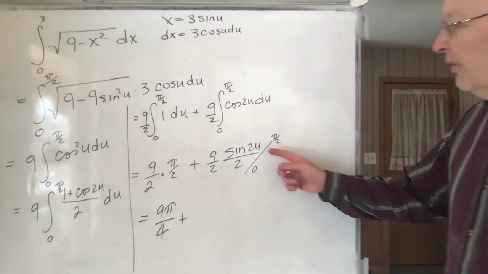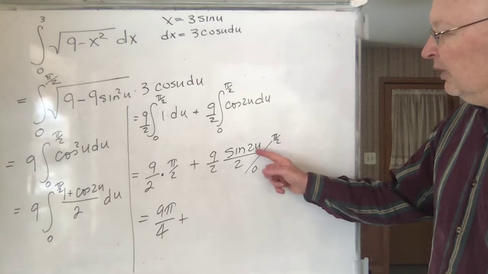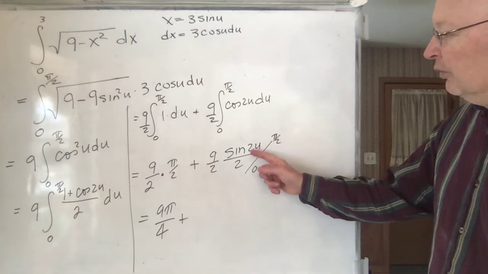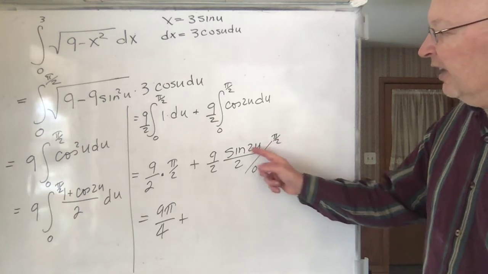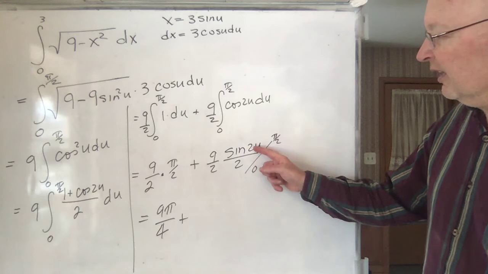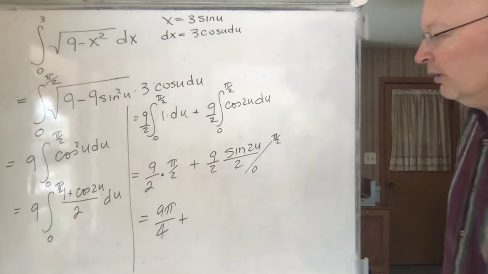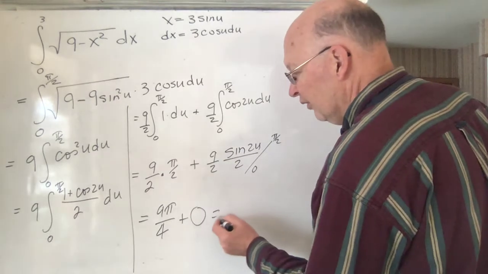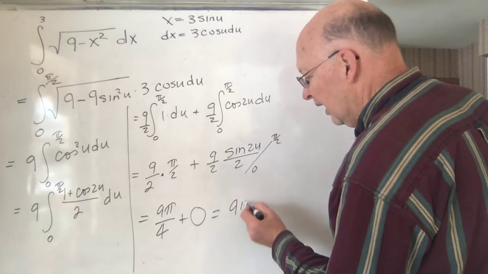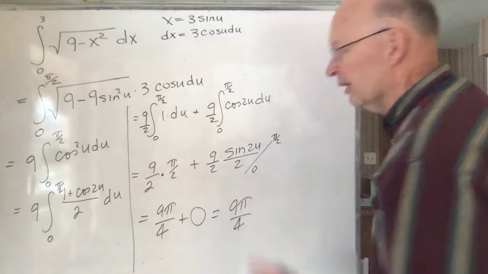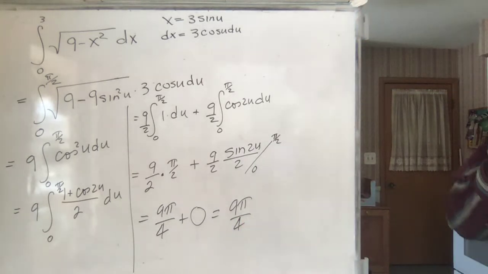And then here what happens? If you stick in pi over 2 in here, you're going to get 2 times pi over 2. 2 times pi over 2 is pi. The sine of pi is 0. So if you stick in this, you get 0. If you stick in 0, the sine of 0 is also 0. So that gives you one big fat 0, and you just get 9 pi over 4 as the final answer.